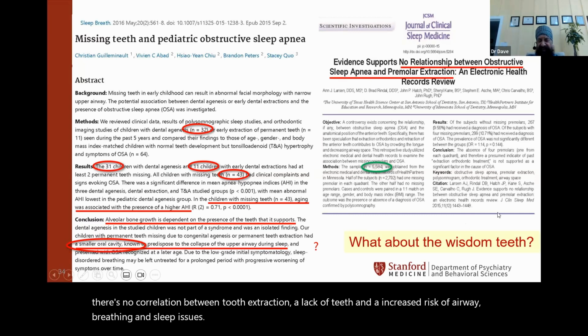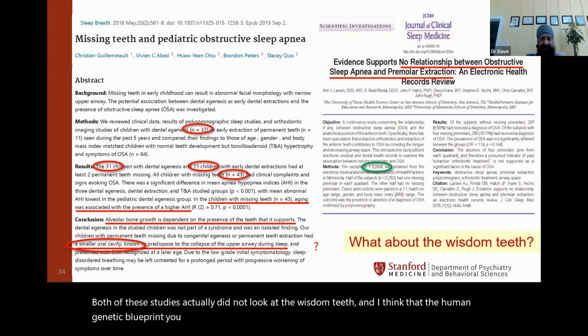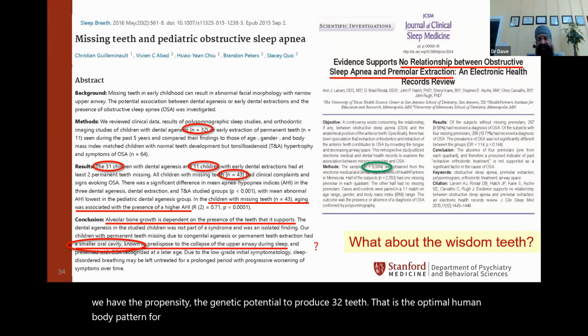Both of these studies did not look at the wisdom teeth, and I think that the human genetic blueprint is 2 eyes, 10 fingers, and 32 teeth. It's not a coincidence that we have the genetic potential to produce 32 teeth. That is the optimal human body pattern for survival. So I think a crucial part of the equation is to look at wisdom teeth.